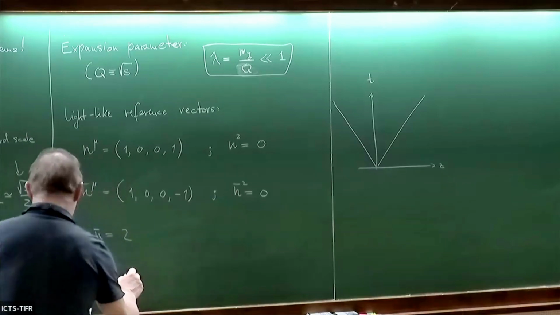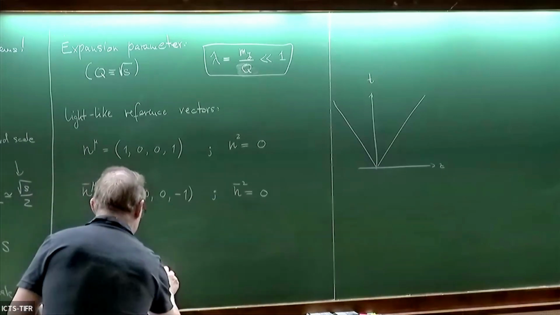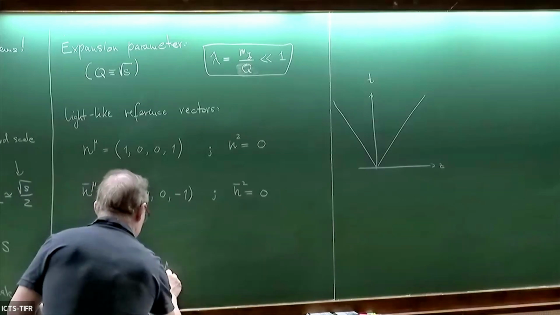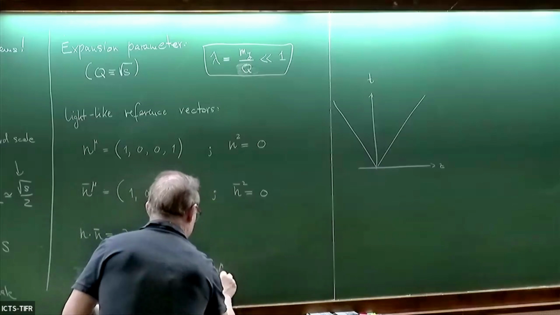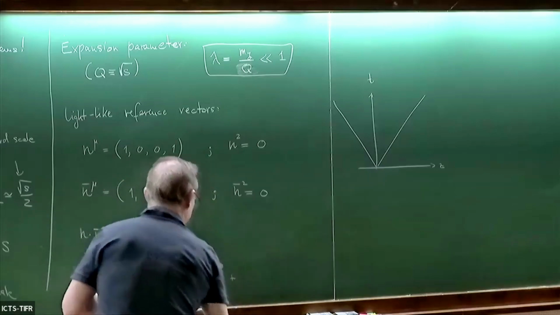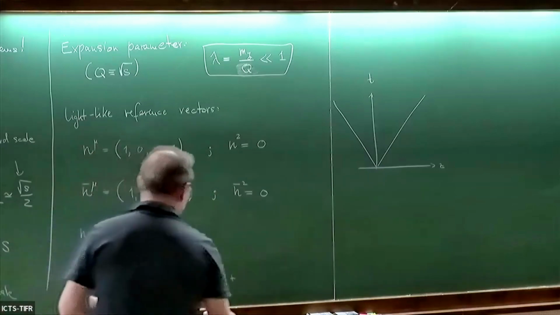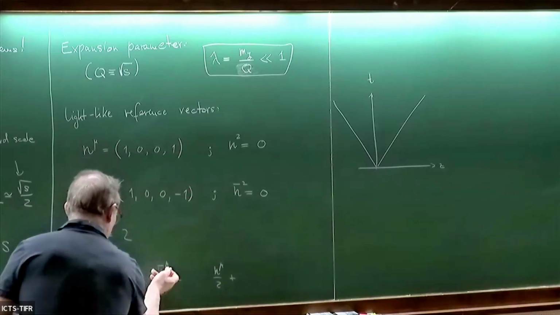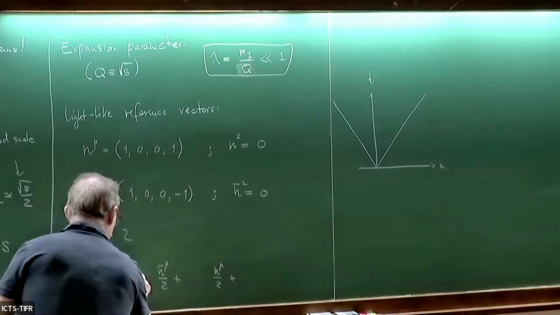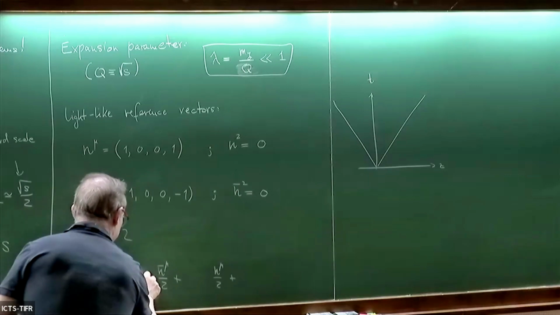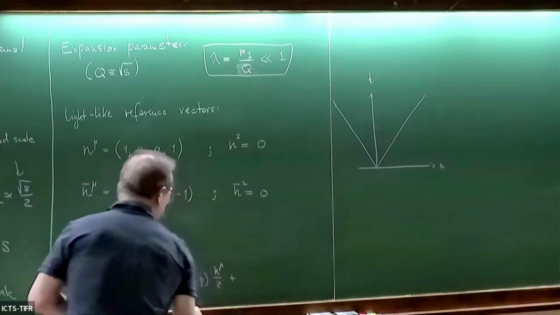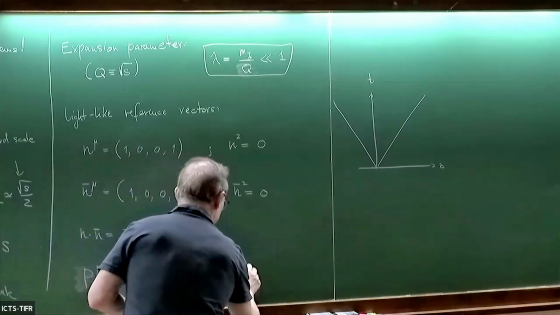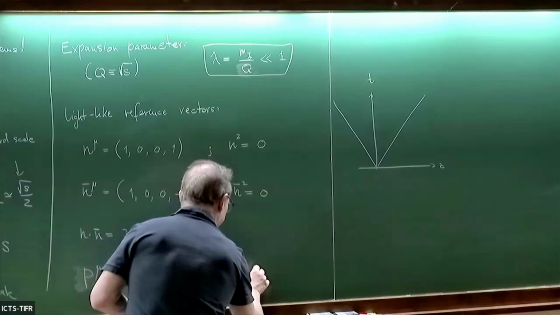It has a piece in the direction of n bar, and it has a piece in the direction of n, and then it has a piece in the direction of x and y. So the component along n bar happens to be n times p. The component along n happens to be n bar times p. And the components in the x and y direction I will simply call p perp.